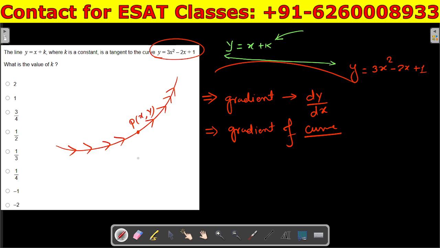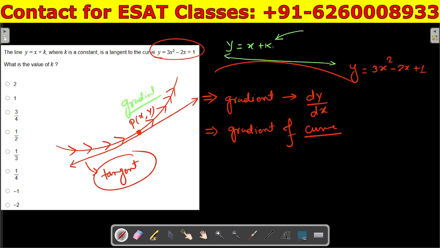We have to draw a tangent at point P, and whatever the gradient of this tangent line is will be the gradient of this curve at point P. I am repeating, the gradient of this tangent line will be the gradient of this curve at that point P. So here we are given a tangent line whose equation is y equals x plus k.